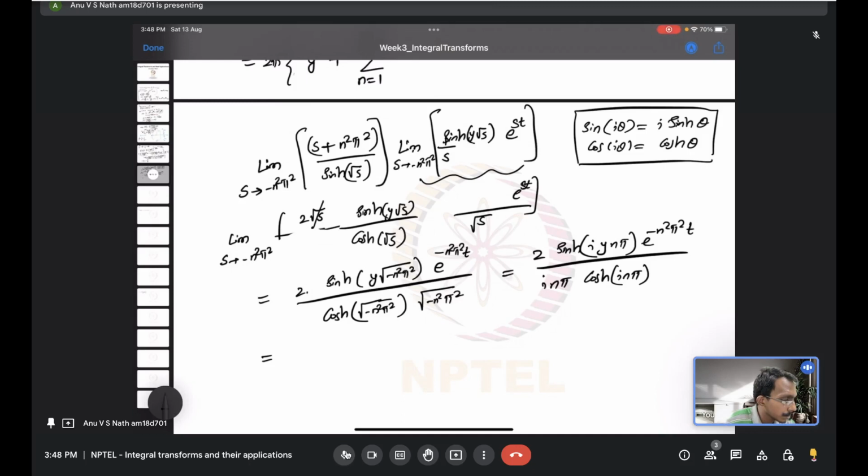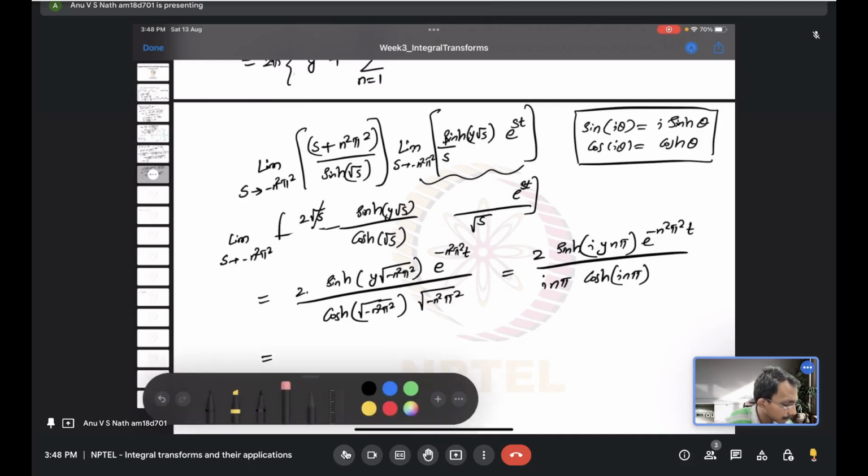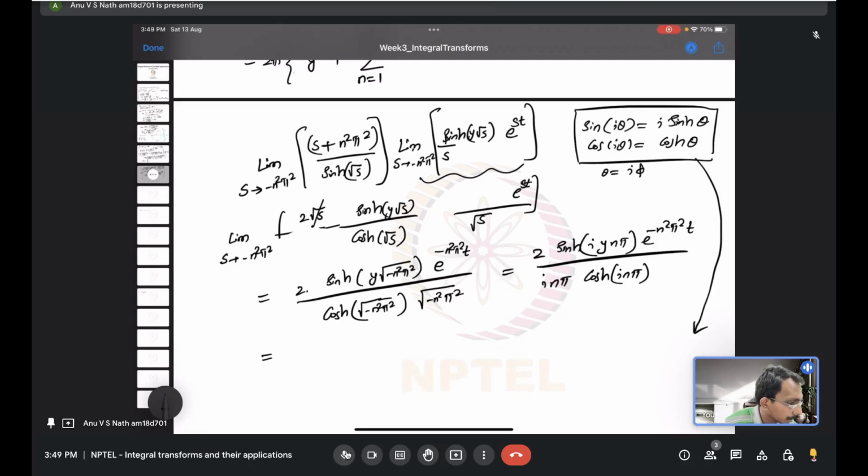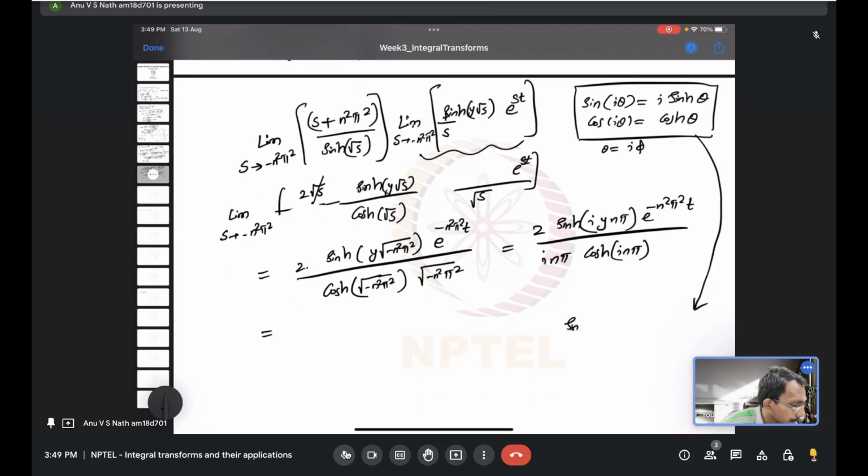So that means we need the other form, like let's say theta is equal to i phi, then we can write the same equations in a different form, like sinh of i phi is equal to minus i sin of i theta, which is minus i phi.